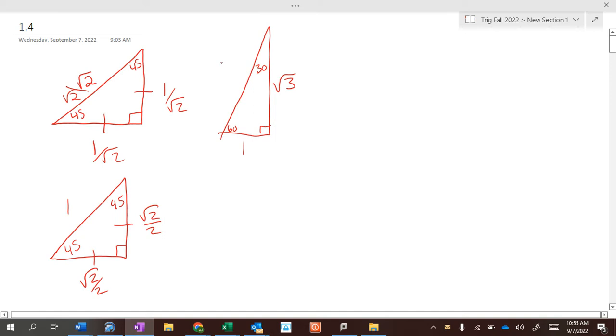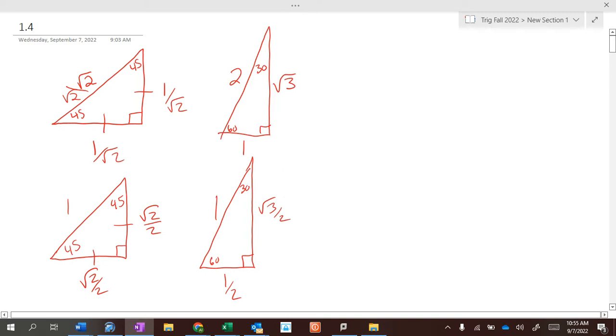And the hypotenuse would be 2. So let's say I want my hypotenuse to be 1. What do I have to do to my other two legs? Divide them by 2. So this is 1/2 and square root of 3 over 2.